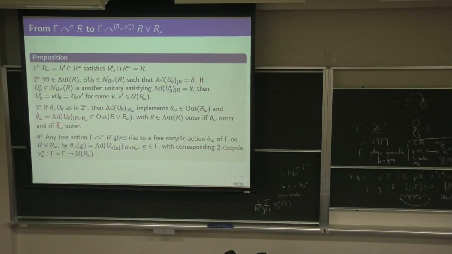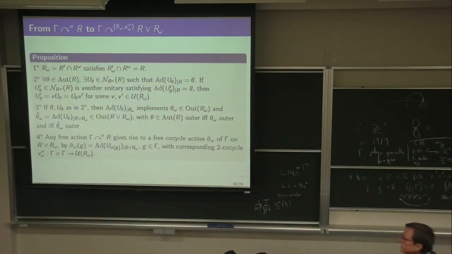All this tells you that theta going to Ad U theta, restricted to R omega, gives you a map from the automorphisms of R to the automorphisms of R omega. By the way, it will also be implemented on R prime intersected with R omega, because it normalizes R omega.